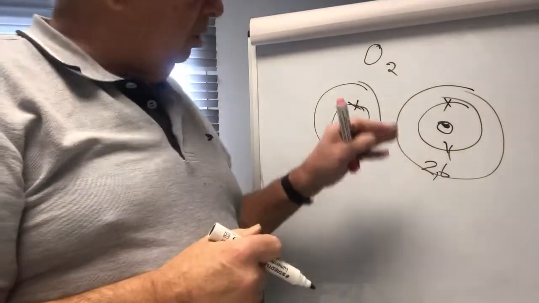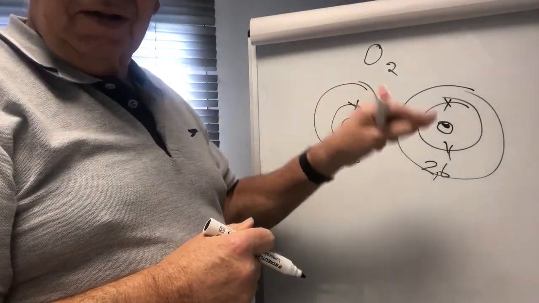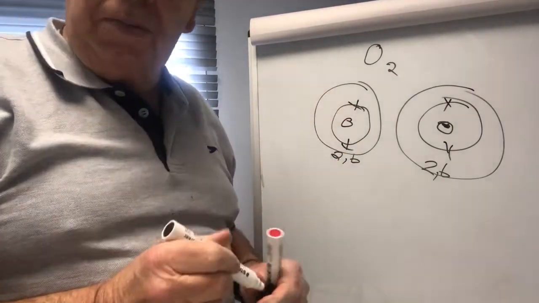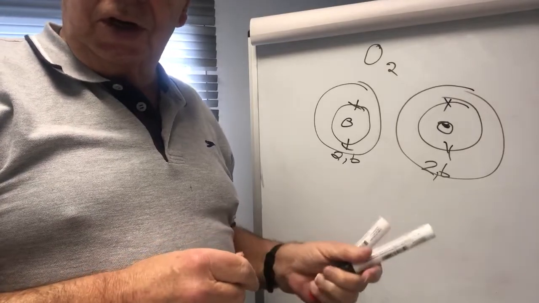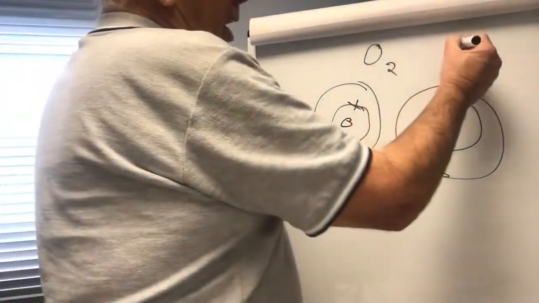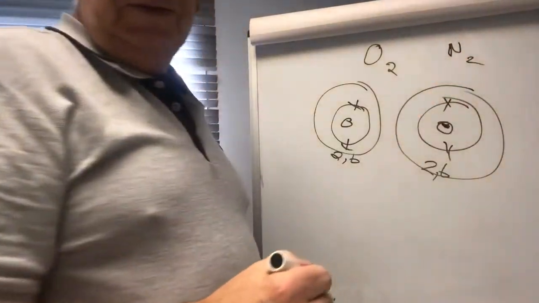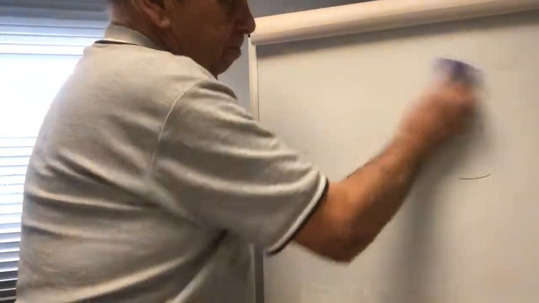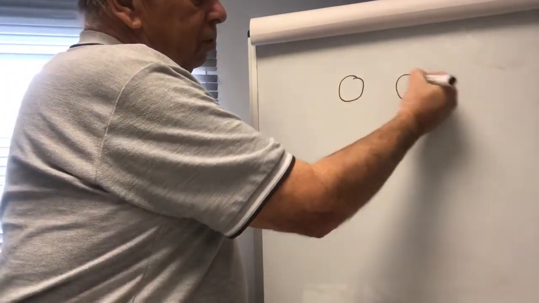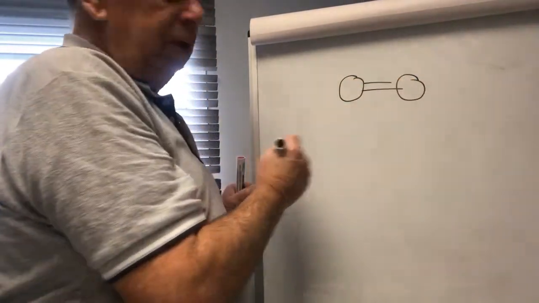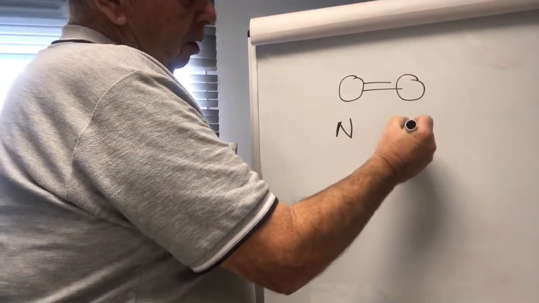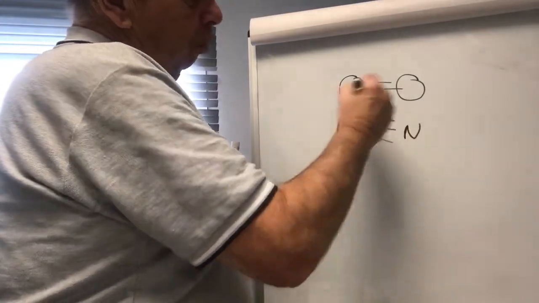It's got 6 electrons in the outer shell because it's found in group 6, and in the case of oxygen you've got 2 pairs of electrons shared, and in nitrogen, N2, you have 3 pairs of electrons sharing. Which means oxygen and oxygen have a double bond, and if I took nitrogen, it's got a triple bond.